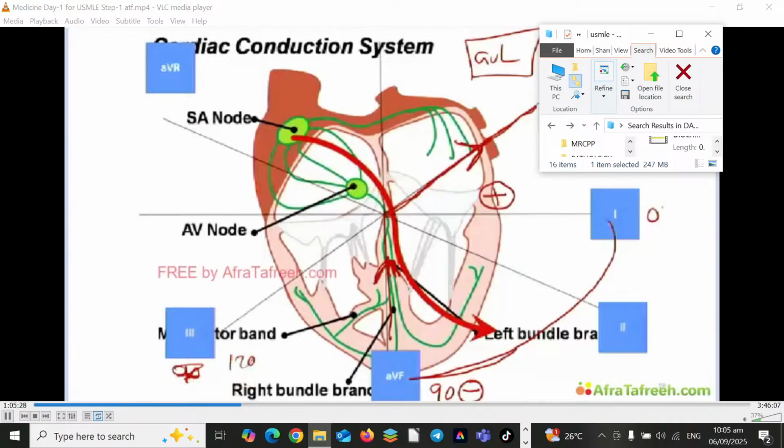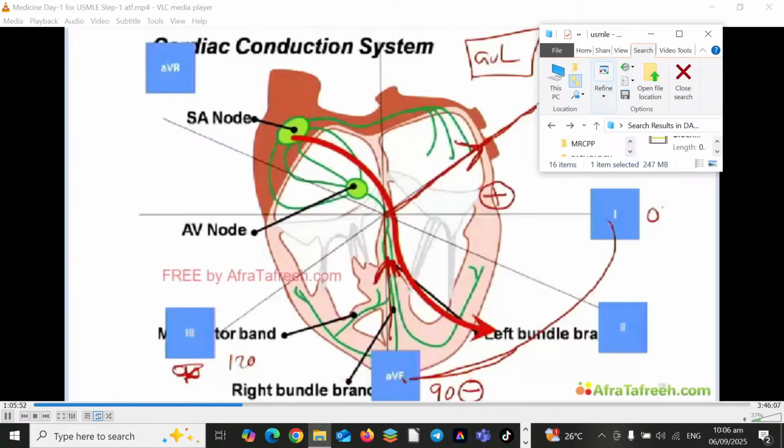So when it is going in the opposite direction, it would be positive in lead 1 but negative in lead AVF. When you looked at it, you just looked at two electrodes. Lead 1 is positive, lead AVF is negative.